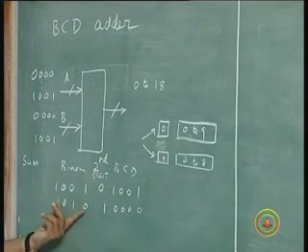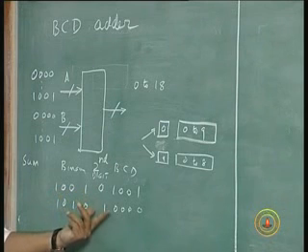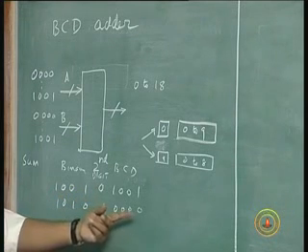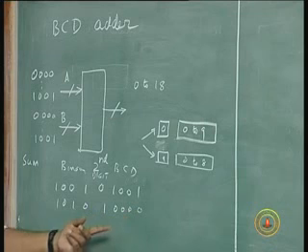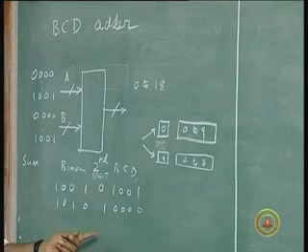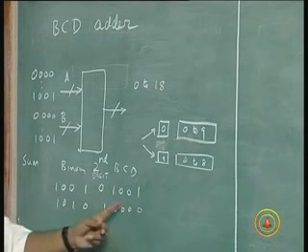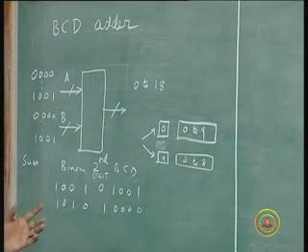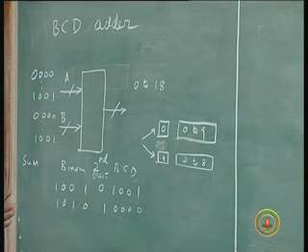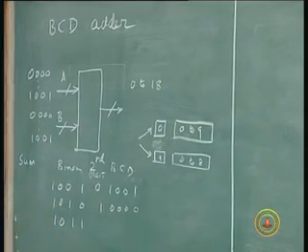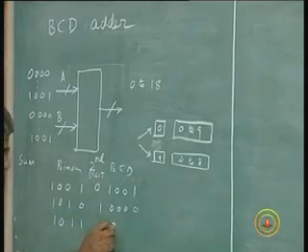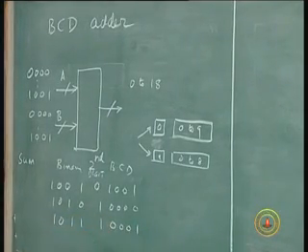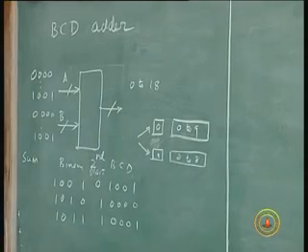This would have been 10, but I want it as 1 followed by this. If you take the decimal equivalent of this number, what will it be? 10000 is equal to 16. So 1011 is 11, but I want this displayed as 1 followed by 1.